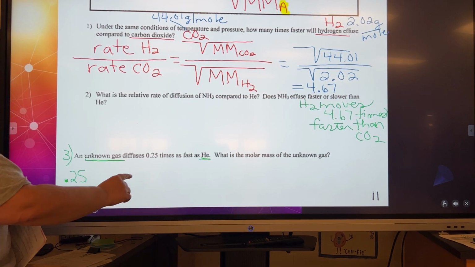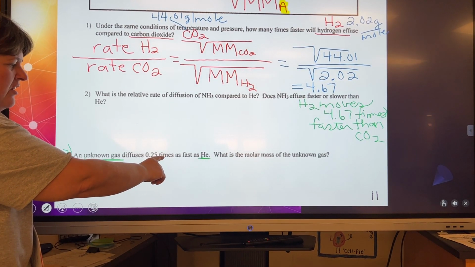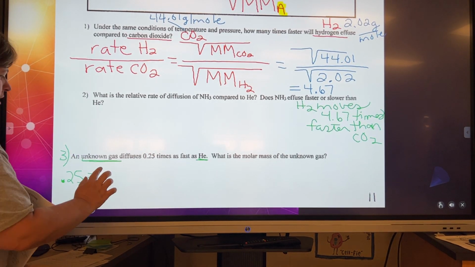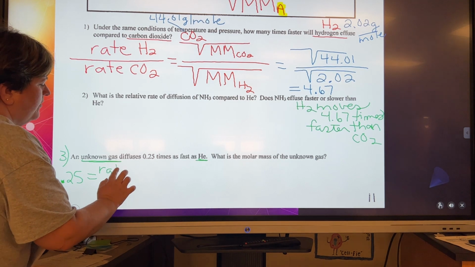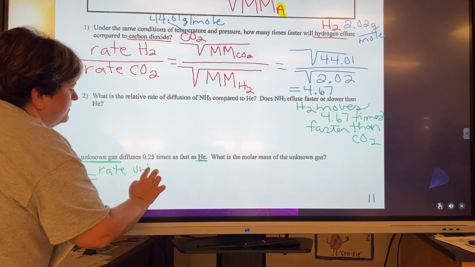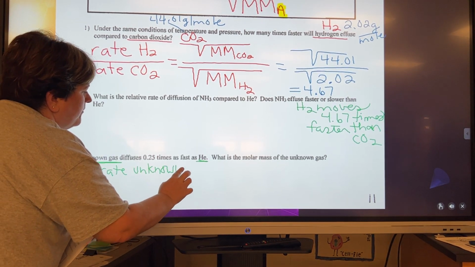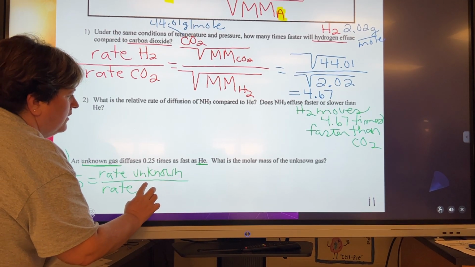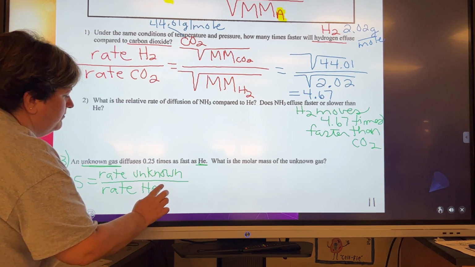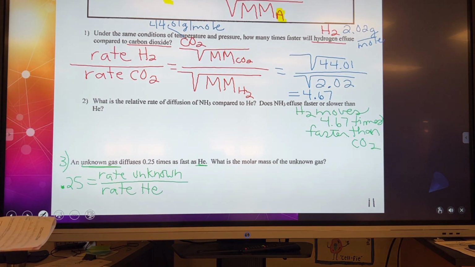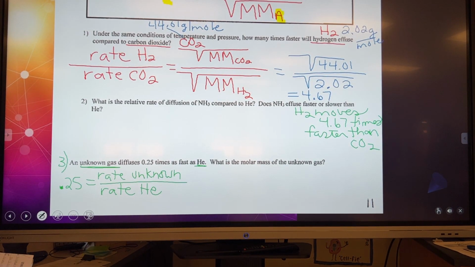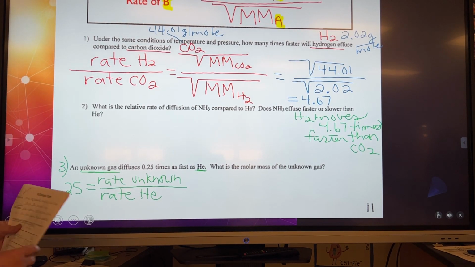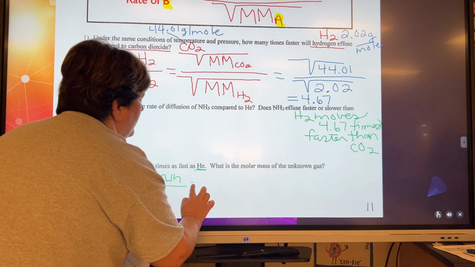Well, that's kind of funny. That's not really faster. It's got to be slower, okay? So we're going to put my rate of my unknown over my rate of He, helium, okay? So that's what my first sentence says, but they want to know my molar mass of my unknown. So I'm going to use the rest of this equation.